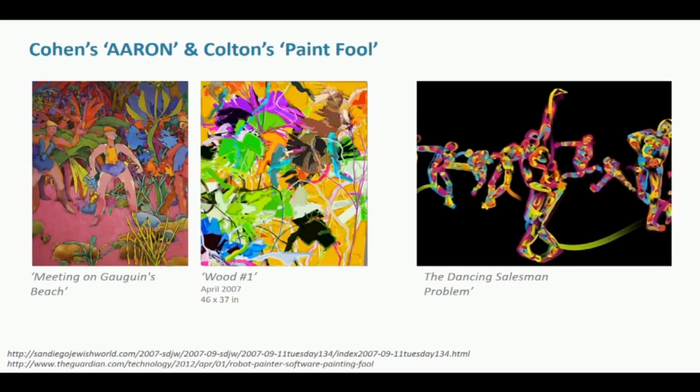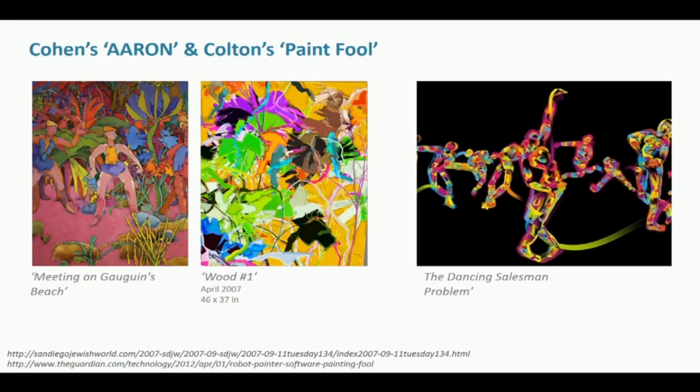The first two paintings are made by a computer that actually has a physical hardware interface, and you scan some things. The computer is supposed to get inspiration from those things, and then it actually paints something physical. This one is much later. It's called the Paintful system.